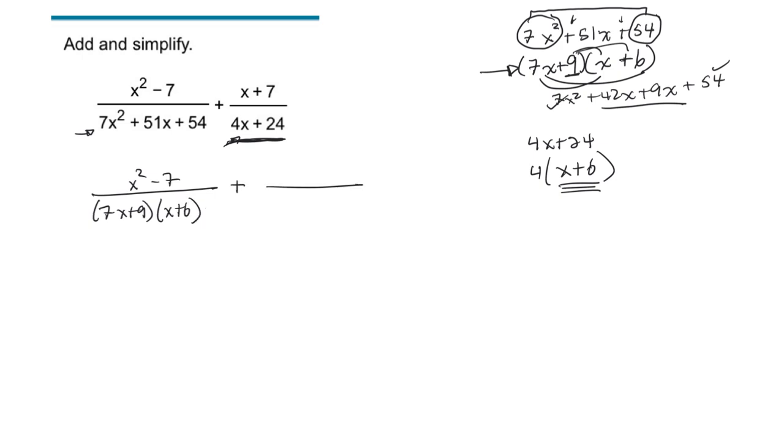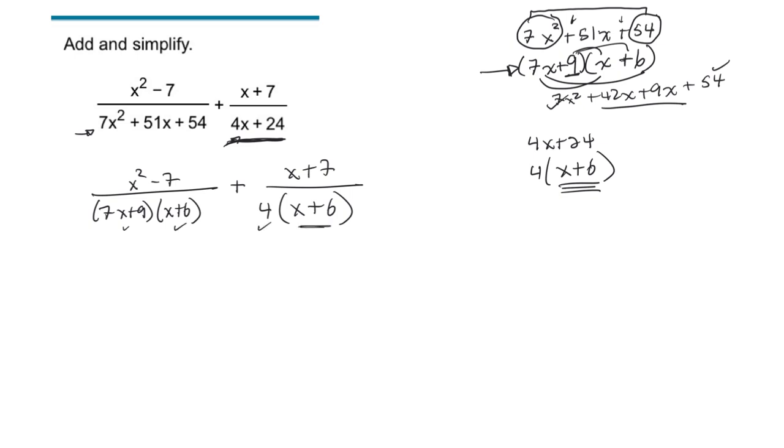Okay, plus on this side, I also have the bottom factored. I factor a 4 out, and I'm left with that. Now I'm looking for a common denominator. So in my denominator, I need a 7x plus 9, an x plus 6, and a 4.